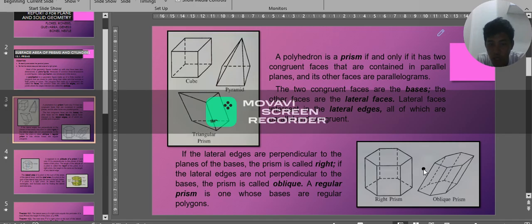The qualifications of what is a right prism and an oblique prism are very distinct. This one is a right prism because the edges are perpendicular, while this one they are not perpendicular, so it is called an oblique prism. A regular prism is one whose bases are regular polygons.